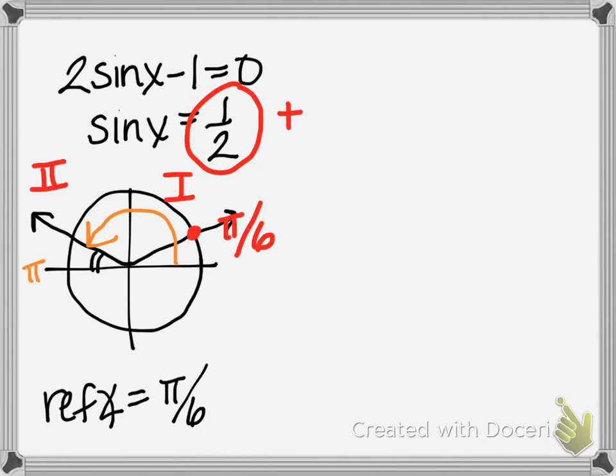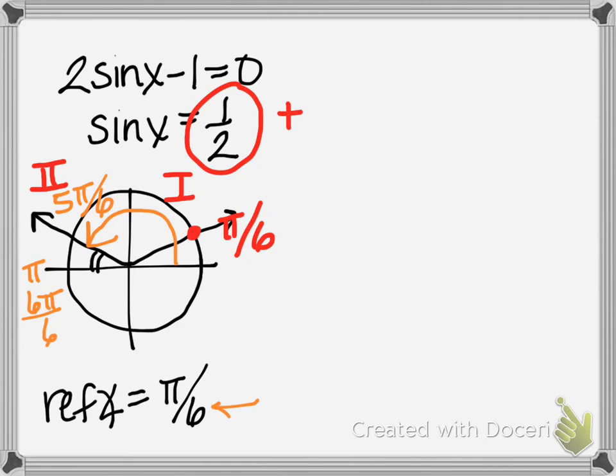Since I'm dealing with a reference angle in terms of pi sixths, pi is the same as 6 pi sixths. Therefore, if I work backwards, the angle that I'm interested in is 1 pi sixth less. That means that I'm interested in the angle 5 pi sixths. So between 0 and 2 pi, initially my two angles would be pi sixths and 5 pi sixths.